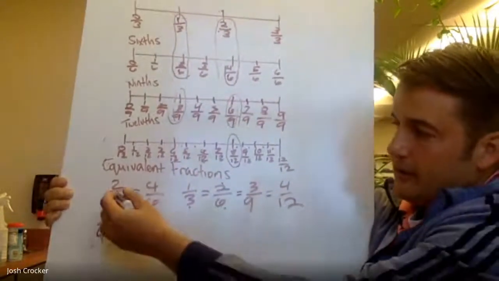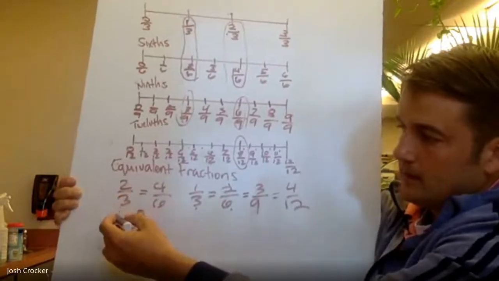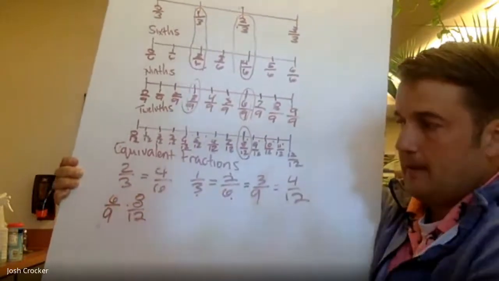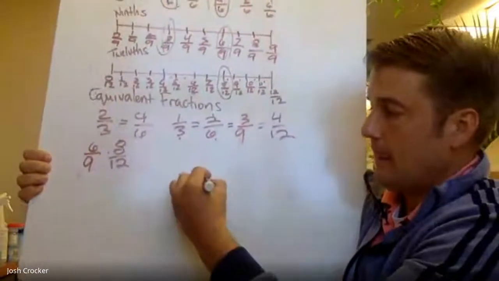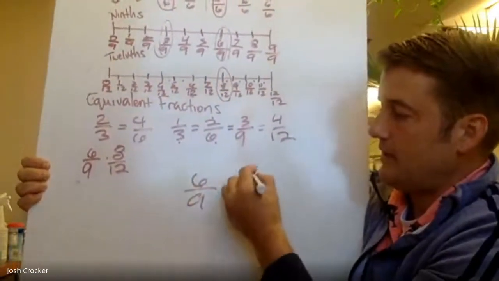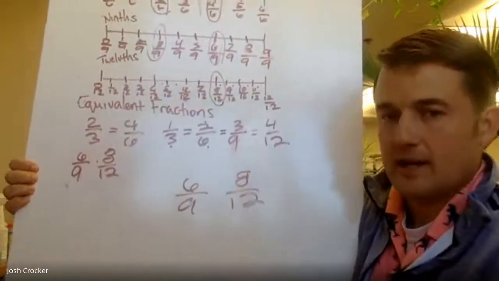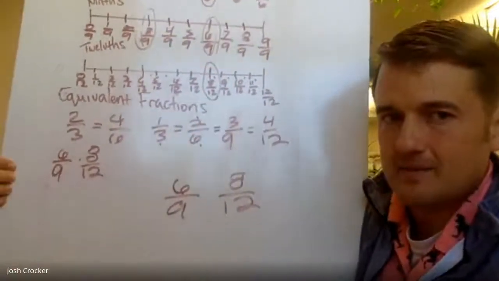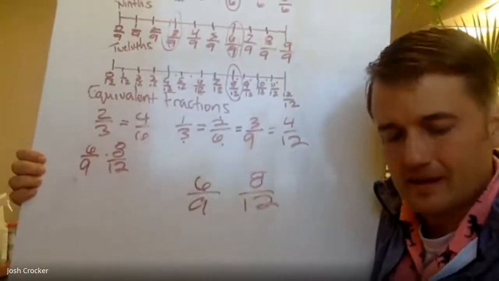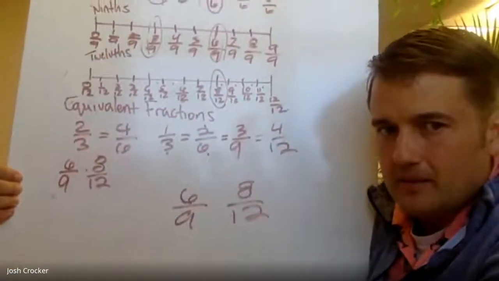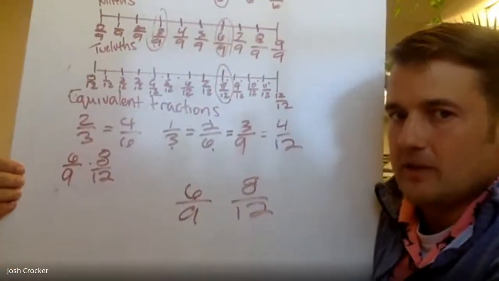Let's look at these two. 6/9 and 8 twelfths. So this is kind of a funny example of equivalent fractions because there's nothing I can multiply 6 by to make 8, right? And that's what we have learned, is that you multiply top and bottom by the same thing to make equivalent fractions.